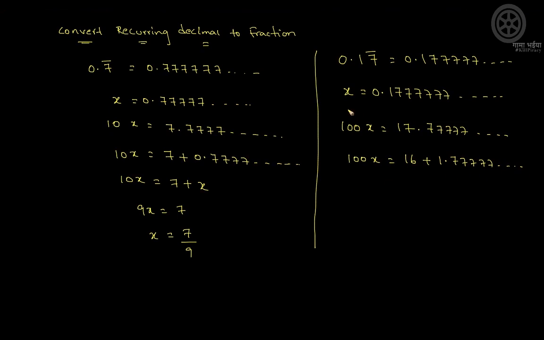If I multiply by 10 on both sides, 10x equals 1.77777. I get the same thing. So 100x equals 16 plus 10x, so 90x equals 16, x equals 16 by 90.